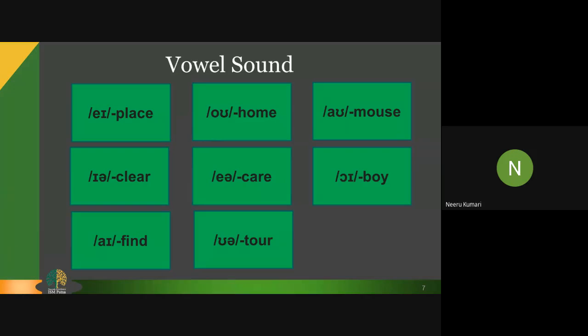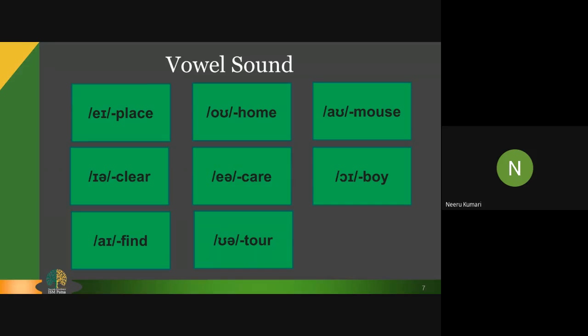Here you see that there is a combination of two short sounds. Therefore, we call it diphthong. Diphthong means di means two, thong means sound. So, how many sounds are there in these? Two sounds. Therefore, they are called diphthongs.